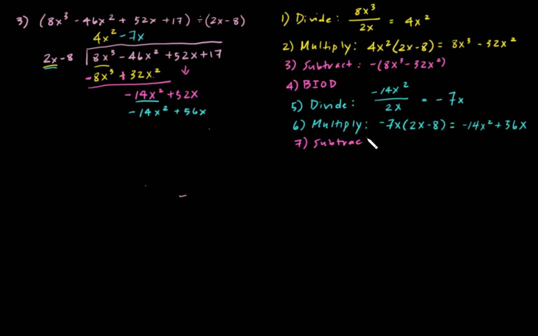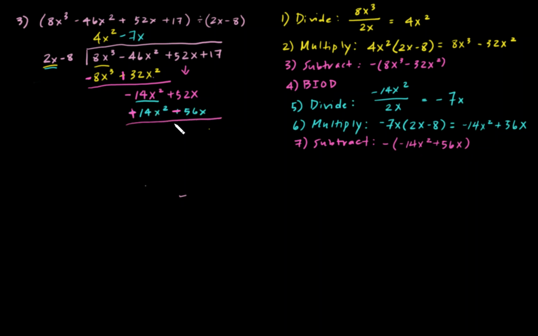Okay, subtract. And we're going to subtract this second binomial from that first binomial. So we have a negative 14x squared plus 56x. So we're going to distribute that negative. So this becomes a positive and this becomes a negative.